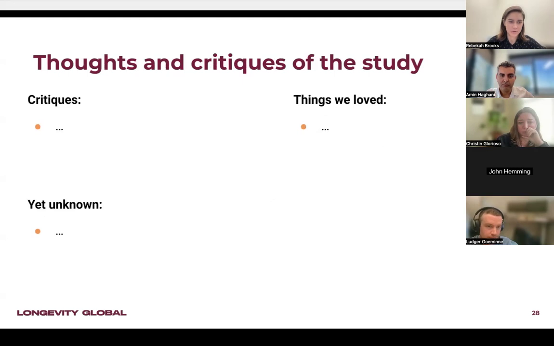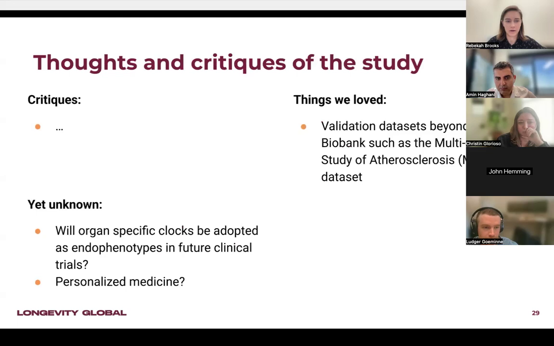So then I just wanted to take some time to think through either critiques or things that are yet unknown. I know Mary and Vishal and I were thinking through a number of these. We really appreciated the addition of other data sets, and we were curious, taking from this paper and thinking about the future, how could you use organ-specific clocks as intermediate phenotypes in clinical trials or personalized medicine?